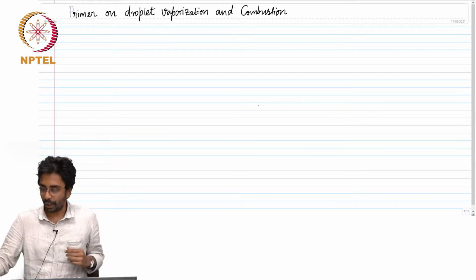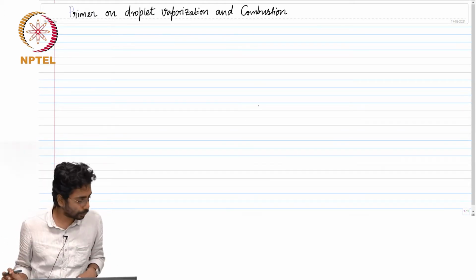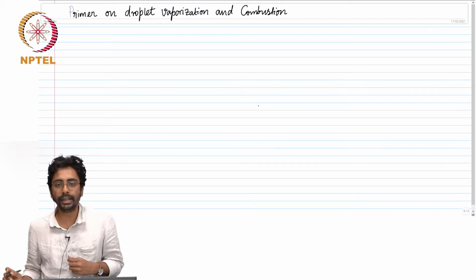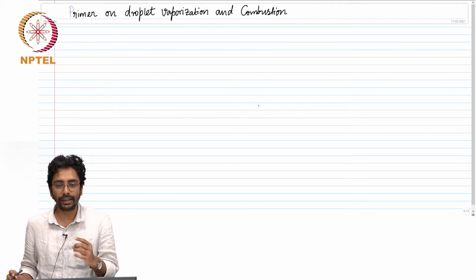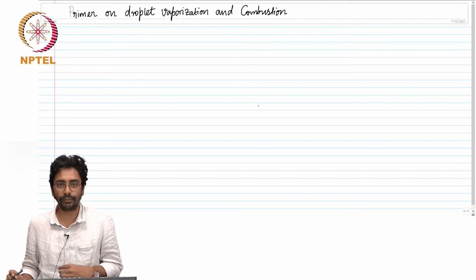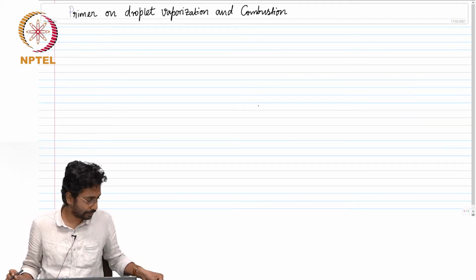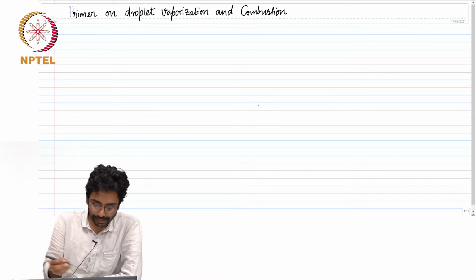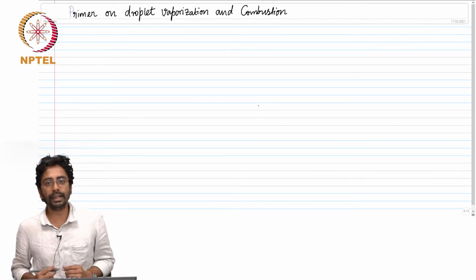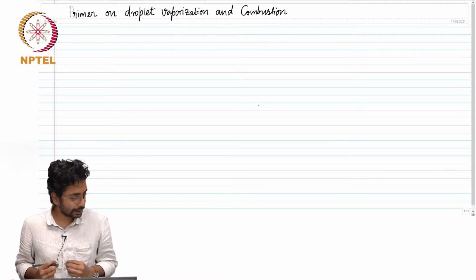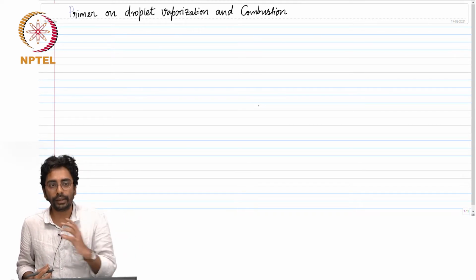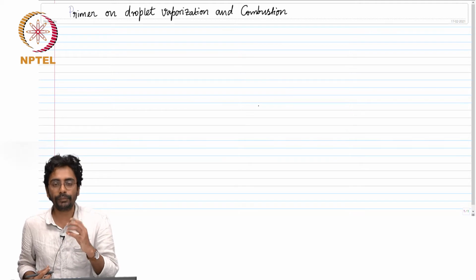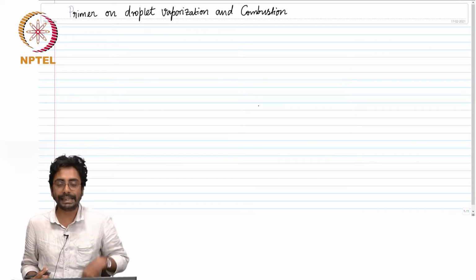Let me now go on to a discussion of why the d square versus time being linear is a crucial input for design of liquid fuel combustion systems. The reason is very simple. The typical residence time that is available for the fuel to burn in a liquid fuel combustion system is a few milliseconds usually.